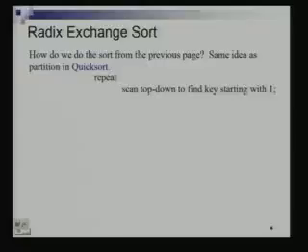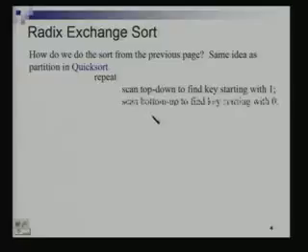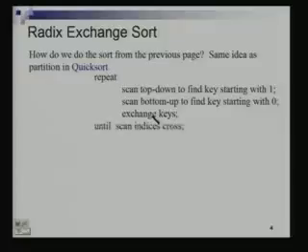We'll scan from top to down, finding the first key with a 1 in the leftmost bit, and from bottom to up finding the first key with a 0 in the leftmost bit, and swap them. The same technique we use for quicksort. We'll keep doing this until the scan indices exchange, so that we know that there are zeros above and ones below. And how much time did this take? At most the size of the array.